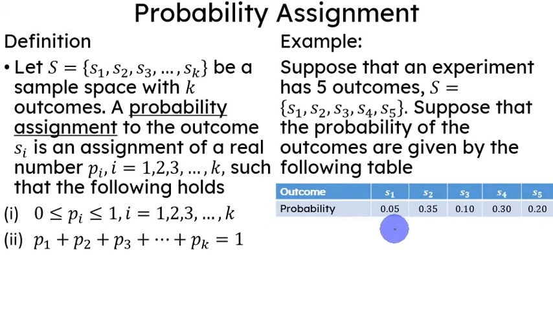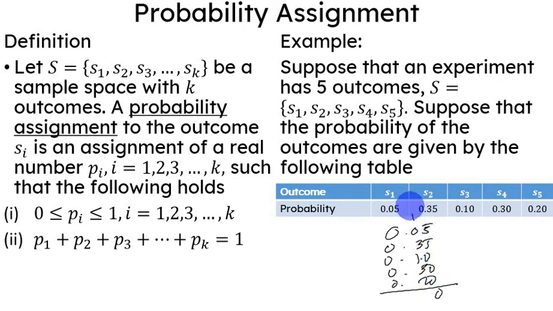Now, if we add all of them up, will they add up to 1? So we have 0.05, 0.35, 0.10, 0.30, and 0.20. When we add this, this is 5 actually here. Let's fix that so it's more visible. There you go. So this is 5 here. So we're going to have here 10.